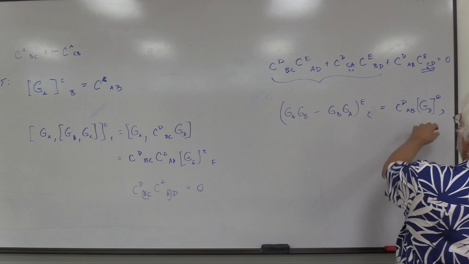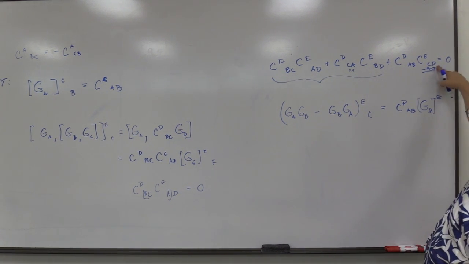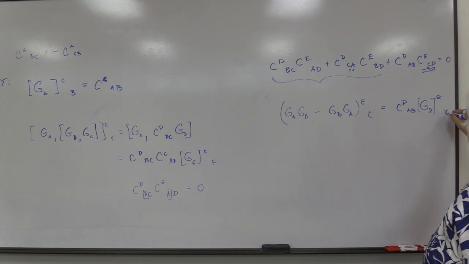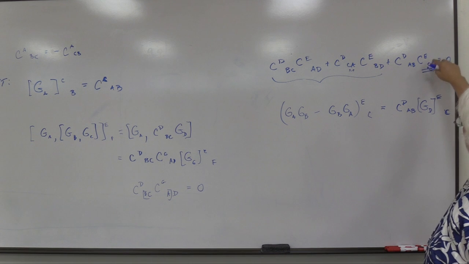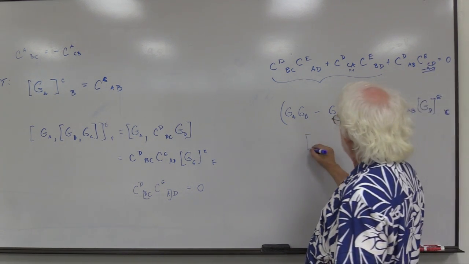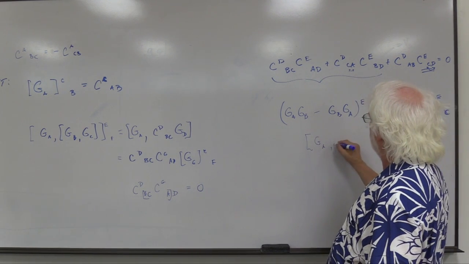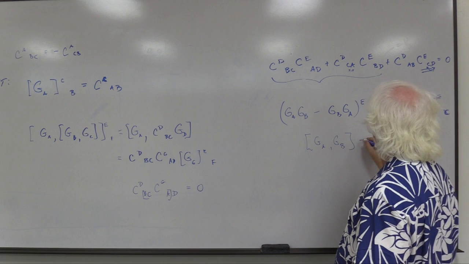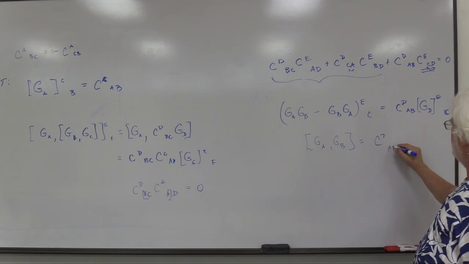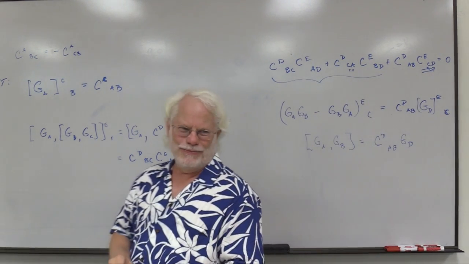I bring it to the other side of the equation. It becomes plus, and now we have the E, B, E, C. That gives us the E, C component of G_D. But this is just the commutator. Now the indices match. This is G_A, G_B commutator equals C_AB^D G_D. And we've got it. There we go.